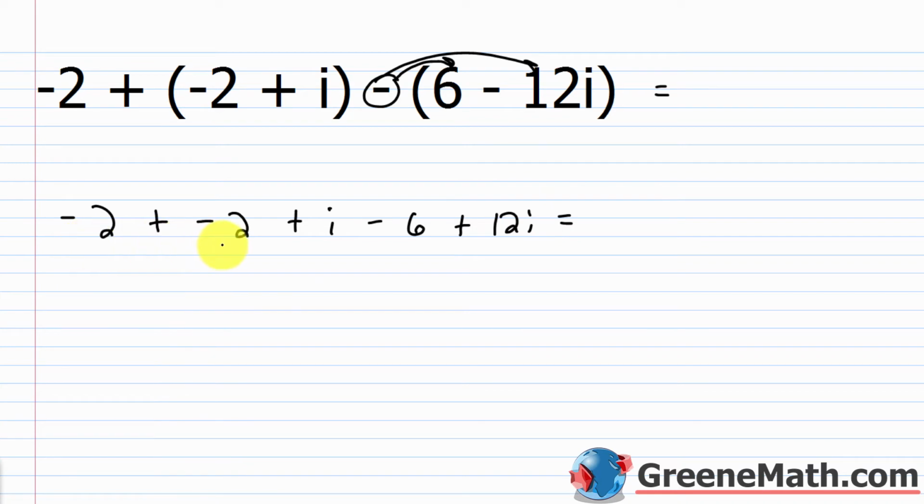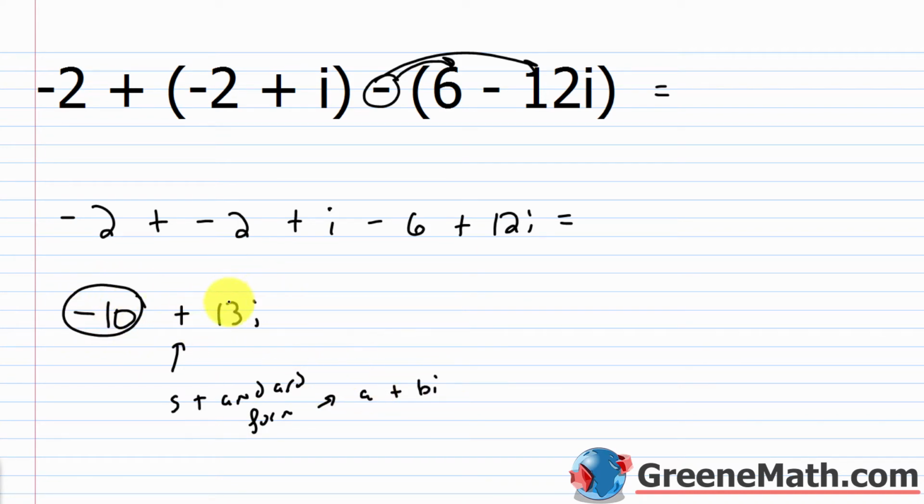So negative 2 plus negative 2 is negative 4. And then negative 4 plus negative 6 is negative 10. And then we have i plus 12i, which is 13i. And again, we wrote this in standard form. This is a plus bi, your real part plus your imaginary part.